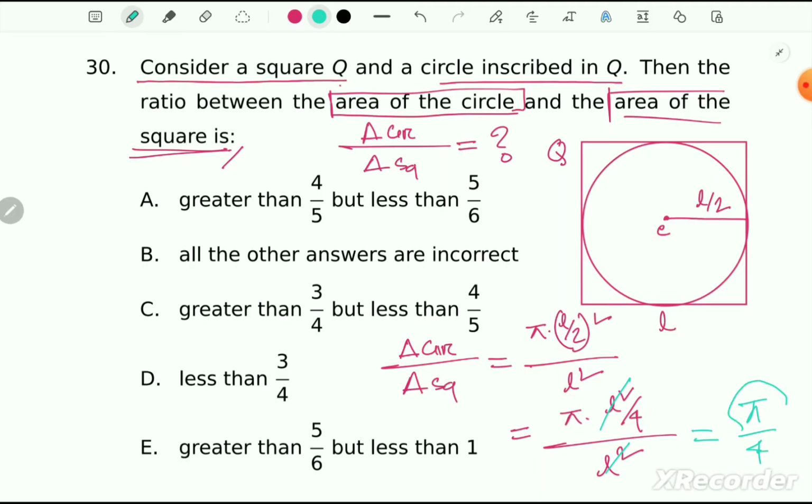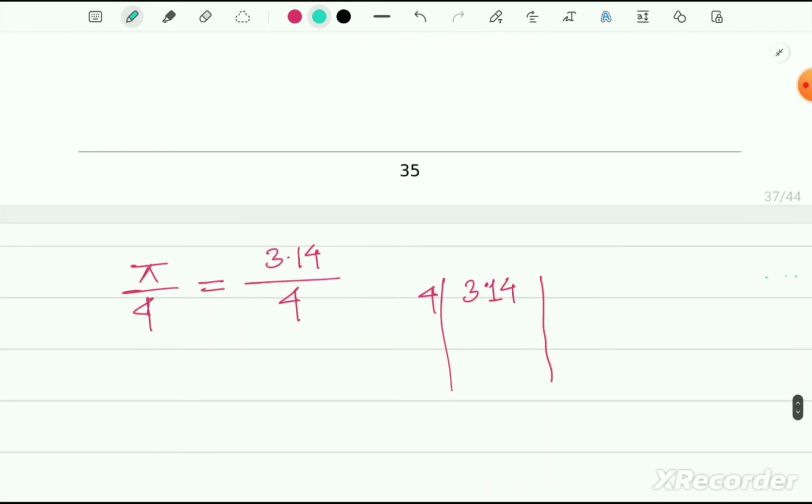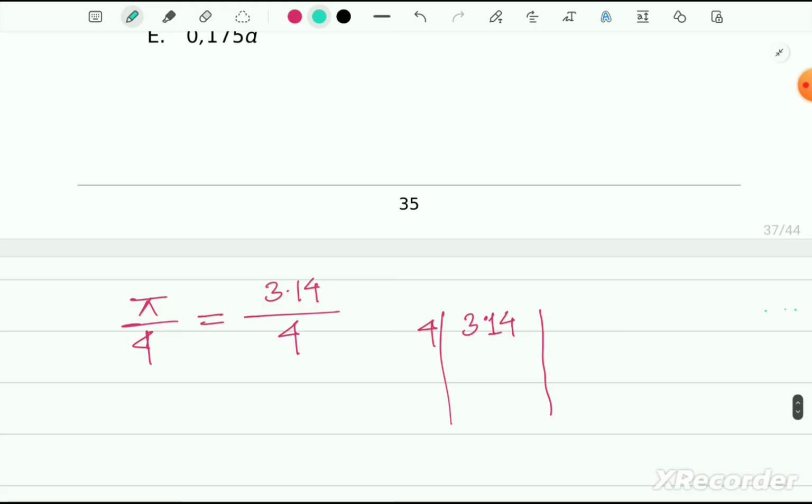So this is our answer, but here the answer is not given in this way. We have to actually quantify the exact value, and then compare in which range it lies. So let's find out the value. Actually, let's think this way.